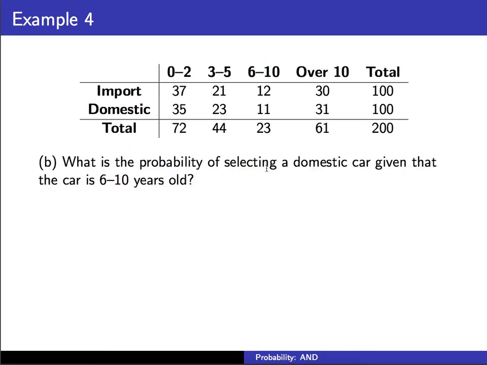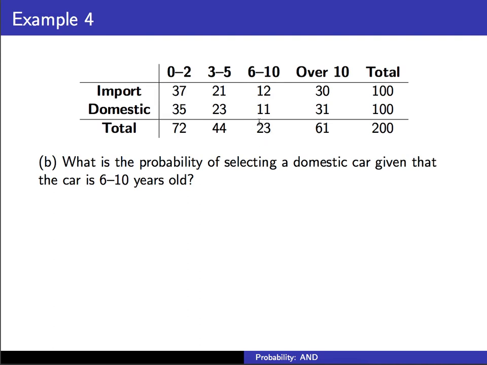All right, part B: what is the probability of selecting a domestic car given that the car is 6 to 10 years old? Here we have the phrase "given that," and the event that follows that phrase is the car is between 6 and 10 years old. So for our denominator total, we want all the cars that are between 6 to 10 years old, and there's 23 of them.